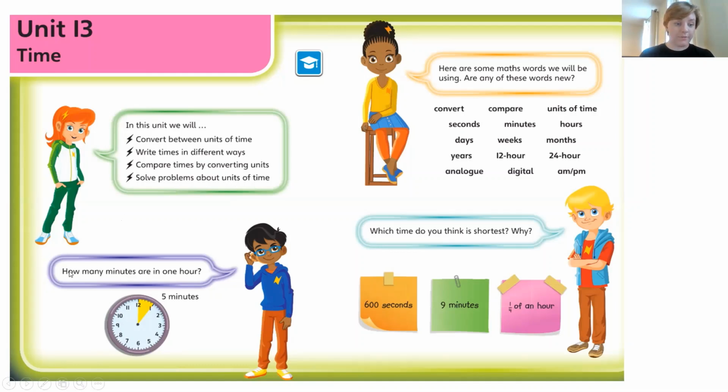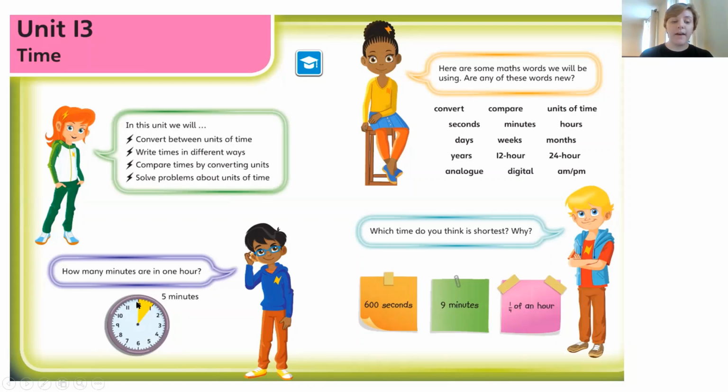So to start us off, how many minutes are in 1 hour? Now, this little yellow triangle represents 5 minutes. It's these 1, 2, 3, 4, 5 intervals here. Each interval is a minute, so between the 12 and the 1, we have 5 minutes.